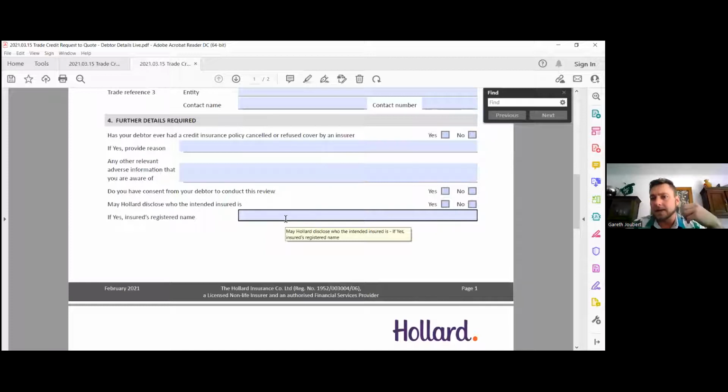Okay, and what we found is that when we phone the buyers, the debtors, to obtain information, the first thing they ask us is, well, who is this? Who's asking us for cover on this? And if we aren't allowed to disclose that, then we say it's on behalf of Hollard Trade Credit, but we do find that the guys become a bit cagey, and information is not as forthcoming as we would hope.